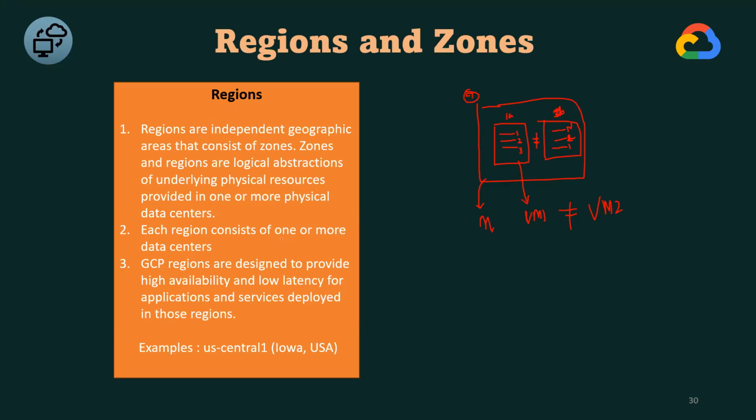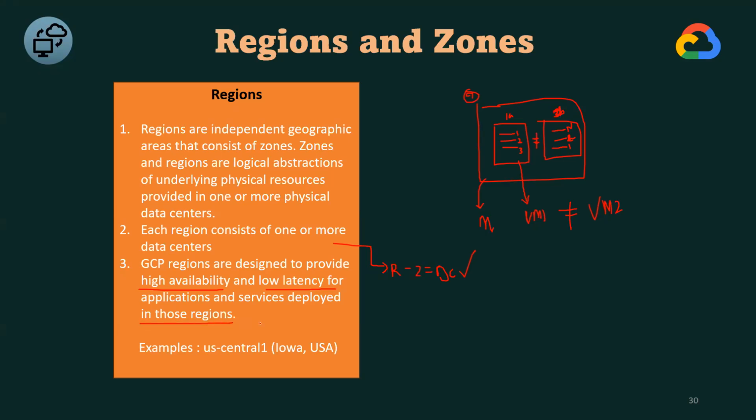Each region consists of one or more data centers. Why? Because a region consists of zones, and a zone will have a data center. GCP regions are designed to provide you high availability and low latency for applications and services deployed in those regions.